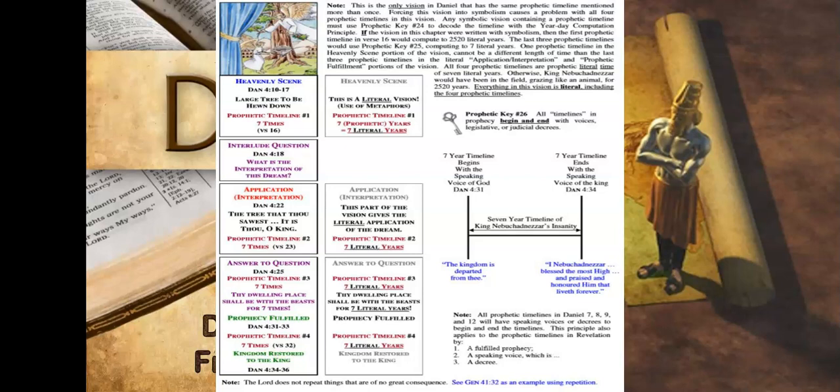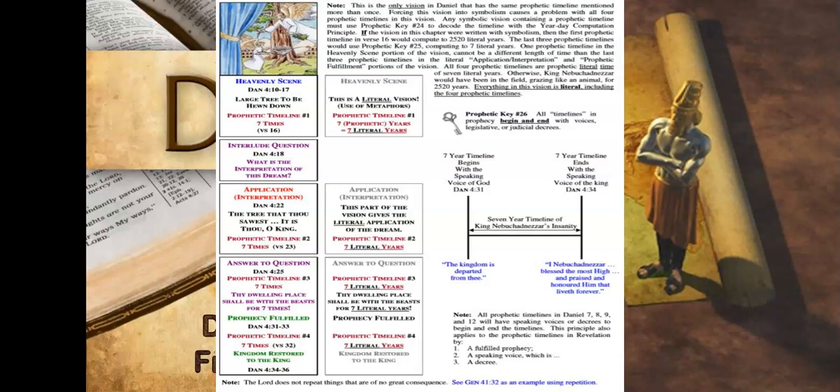It's fascinating. And just 1 or 2 more comments. Daniel chapter 4 is going to be the most important chapter of the whole book when it comes to understanding how to work with timelines. And timelines are lots of fun, and everybody wants to know how to work with them because they tell us where we are in the stream of time.